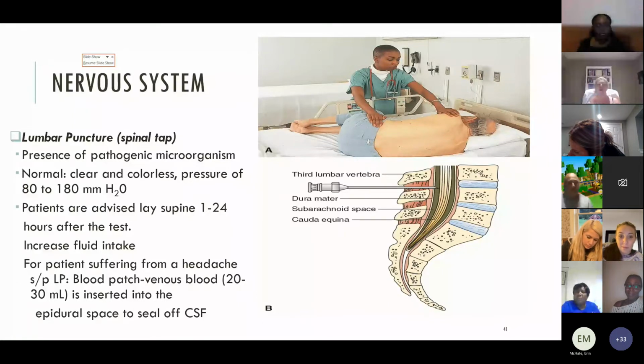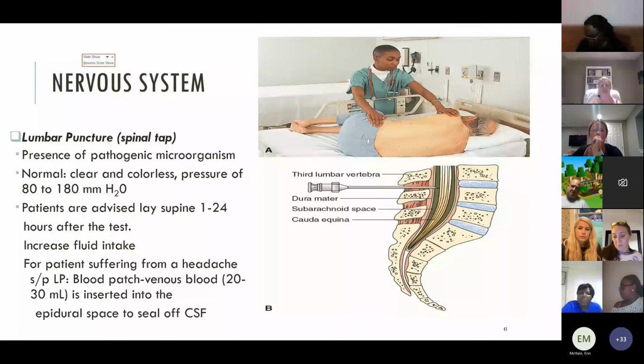They take that 20 to 30 mLs of the patient's blood and put it back into the epidural space, and it causes the leak to seal. If they have that headache, it's usually because they're leaking cerebral spinal fluid for some reason. So that's what you guys need to know. You need to know what you would do for a patient if they were suffering from a headache. That's going to be on your test.